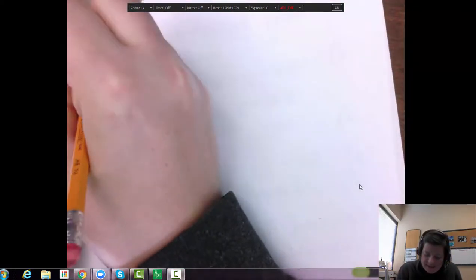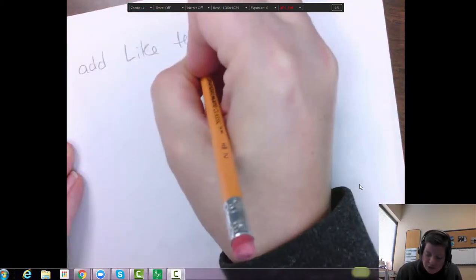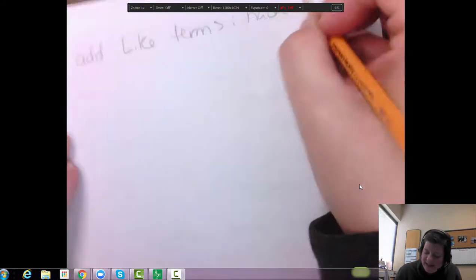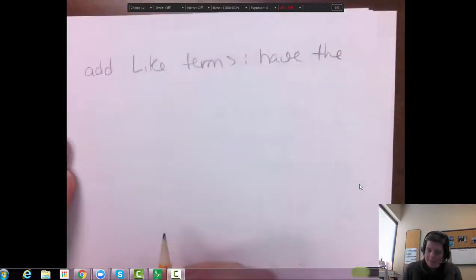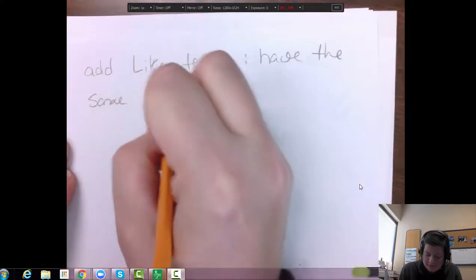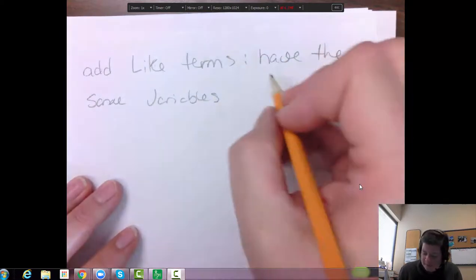Let's say we want to add some things together that have like terms. So I'm going to restart. We're going to add like terms. Remember, like terms have the same variables with the same exponents.